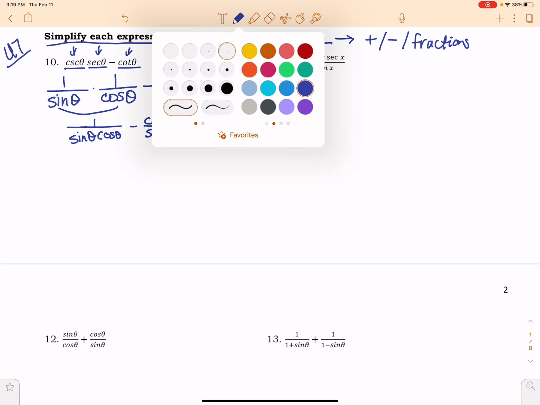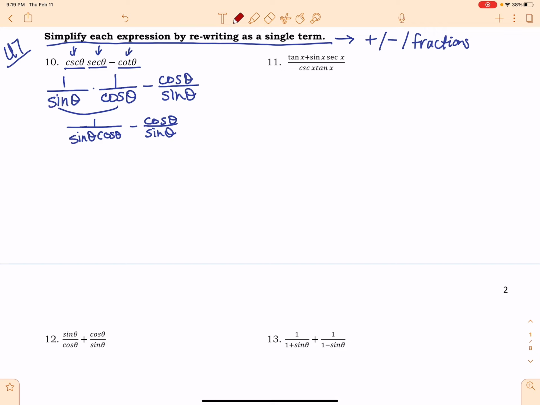So we are going to find our LCD. Our LCD has to consist of everything in this denominator and everything in this denominator. So we have to have a sine theta and we have to have a cosine theta. So the value in this denominator that's missing is cosine.